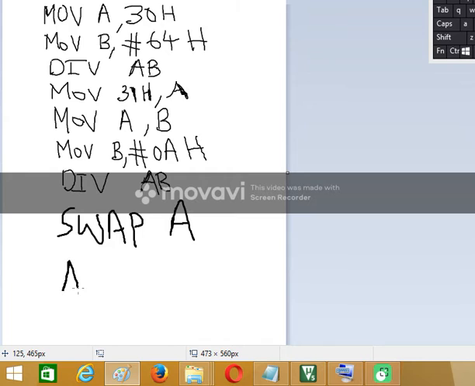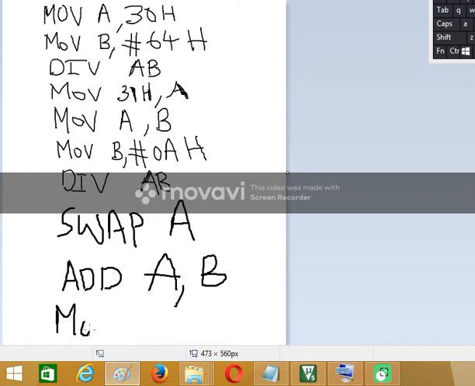With that, I will ADD or ORL A with the units place, which is in B. So save that; the result will be in A. Save it to the next location, 32H. So this is how you have to convert hexadecimal to decimal.